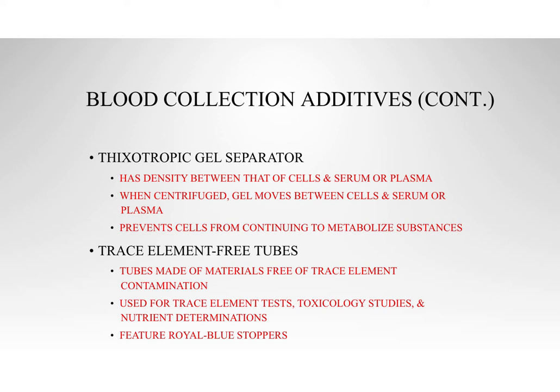And when it spins at a certain RPM, or rotations per minute, that gel, they call it a gel matrix, basically kind of moves to the middle. The formed elements go underneath because they're denser than the gel. And then what is left above the gel is your serum or plasma, okay? This prevents the cells from continuing to metabolize substances.